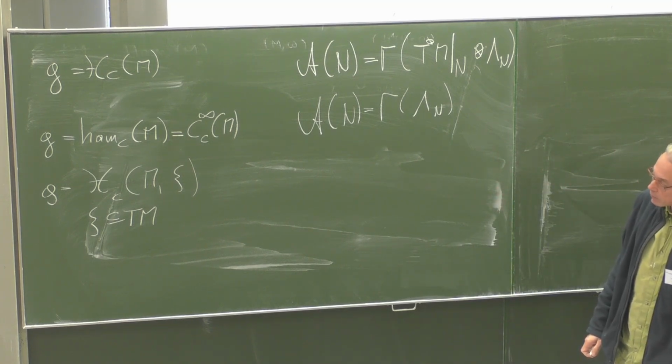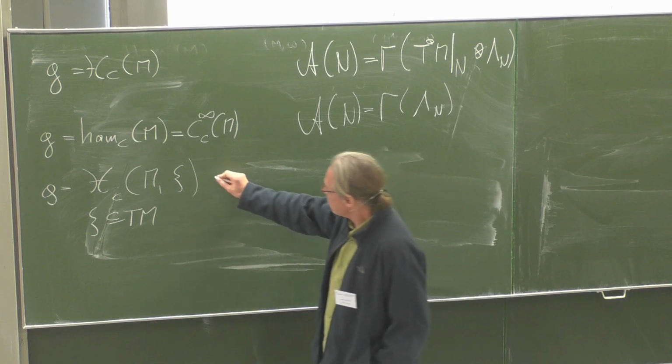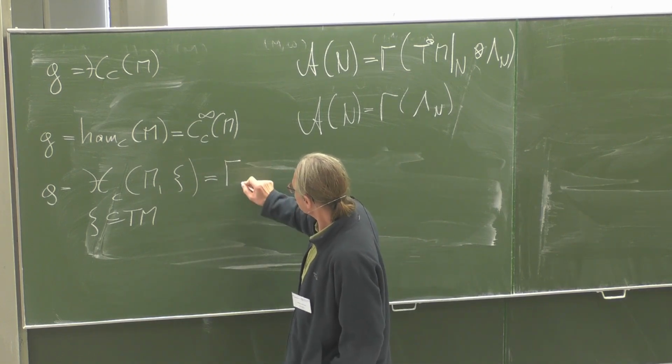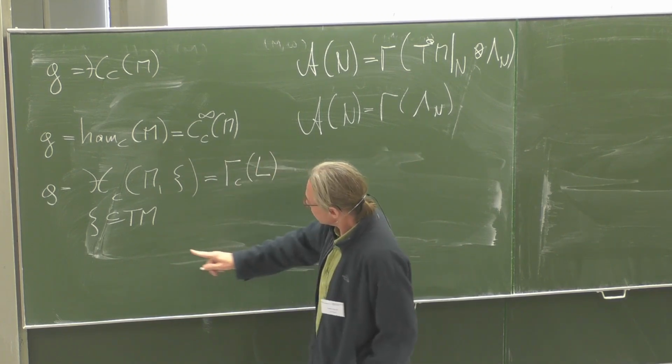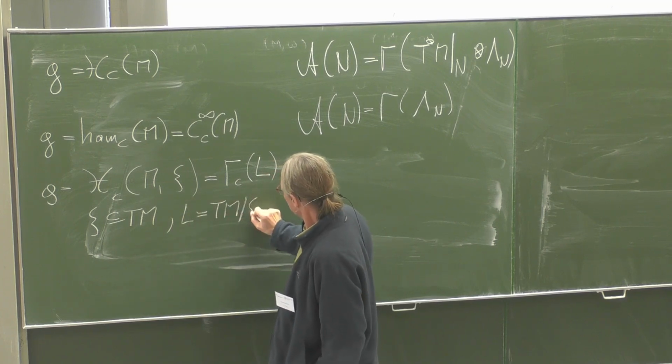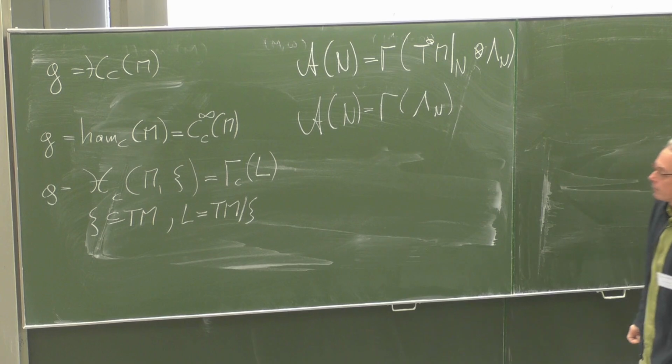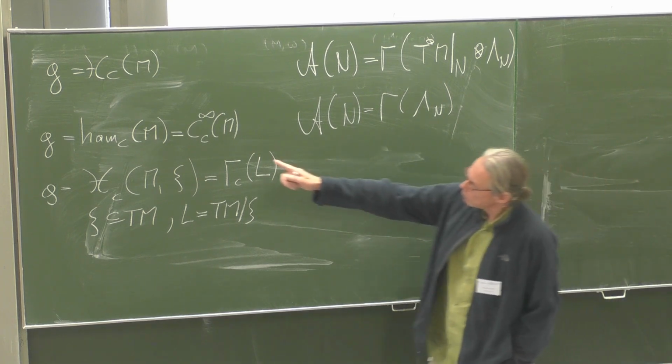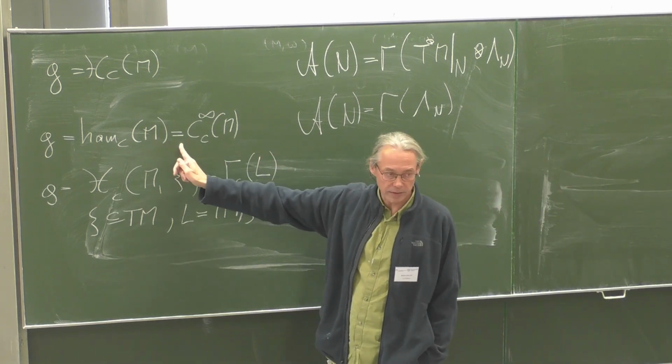And the space of contact vector fields can be identified with sections of a line bundle. And the line bundle is just the quotient bundle here. The contact hyperplane field gives you a line bundle, and sections of this line bundle are in one-to-one correspondence with contact vector fields. That's kind of similar to the identification you have in the Hamiltonian case here.